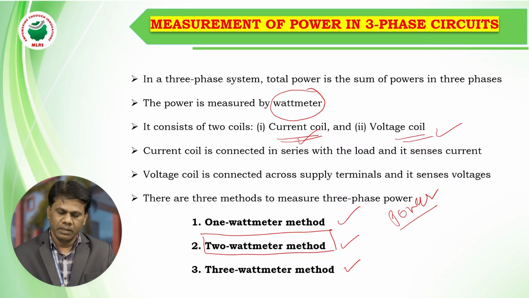In general, the current coil is connected in series with the phase, and the pressure coil is connected between the two phases or between the phase and neutral of a three-phase circuit, depending upon whether the load is star connected or delta connected.